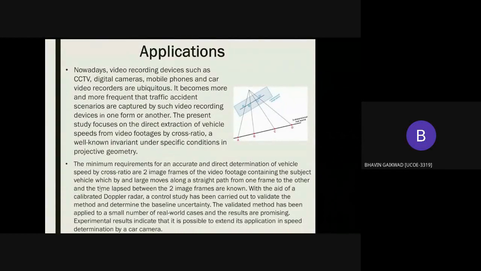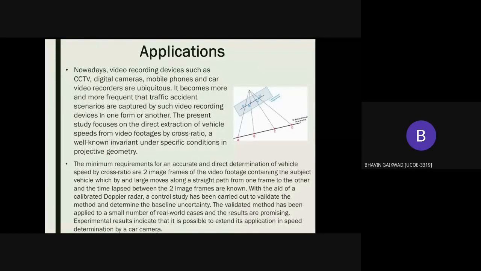With the aid of a calibrated Doppler radar, a control study has been carried out to validate the method and determine the baseline uncertainty. The validated method has been applied to a small number of real-world cases and the results are promising. Experimental results indicate that it is possible to extend its application to speed determination by a camera.